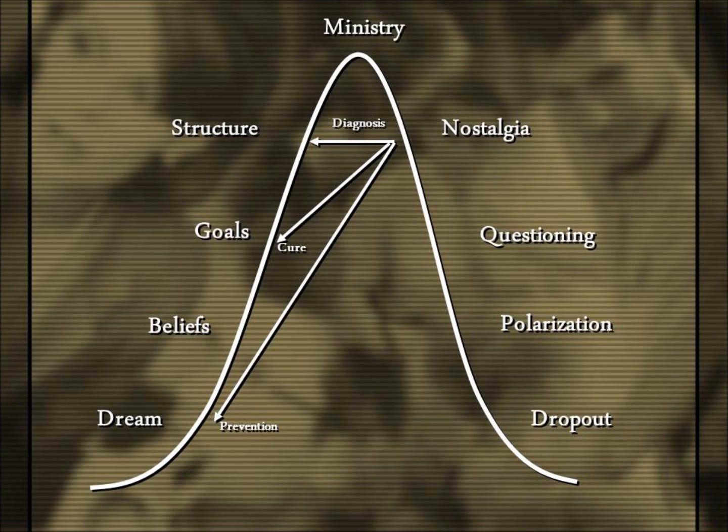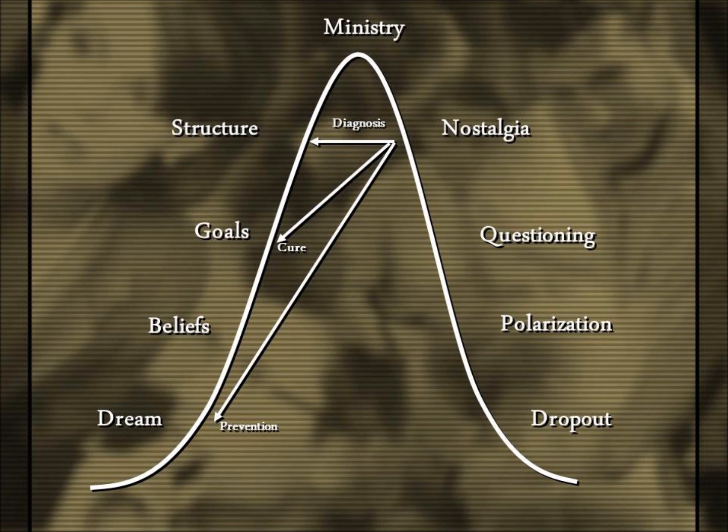Once a church reaches the point of early decline or nostalgia, they need to recognize that they must redevelop forward. I use the term redevelop forward because we're not going back to the other side of the bell-shaped curve. We're actually producing a different bell-shaped curve that helps us go forward to address the dreams, the beliefs, the goals, and the structure of our church.